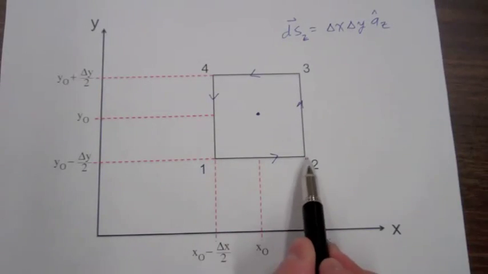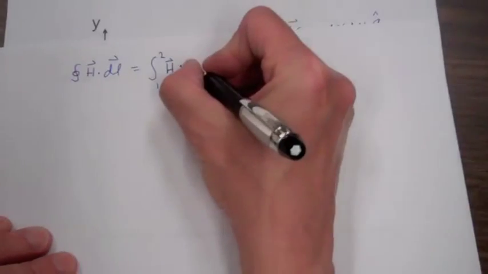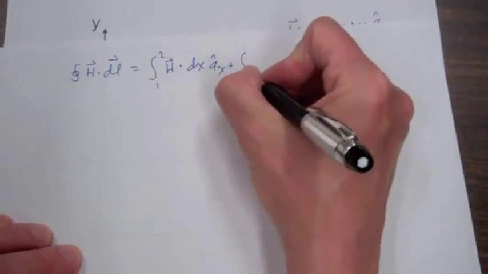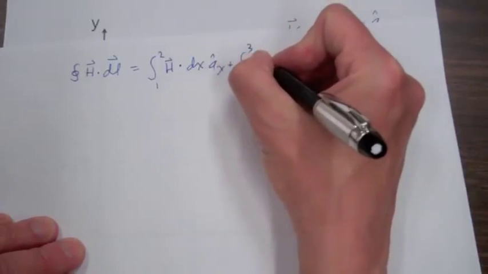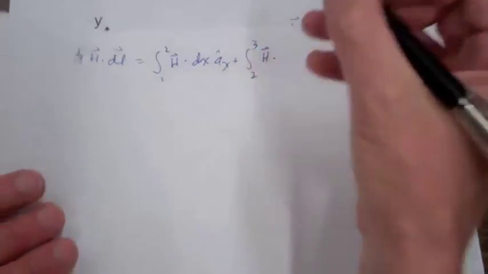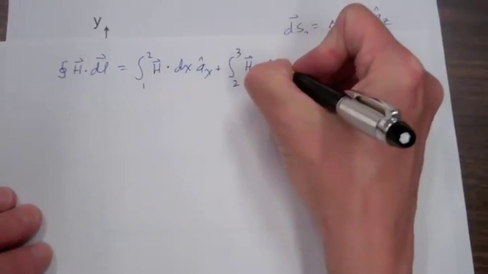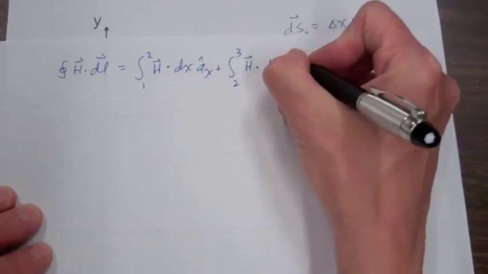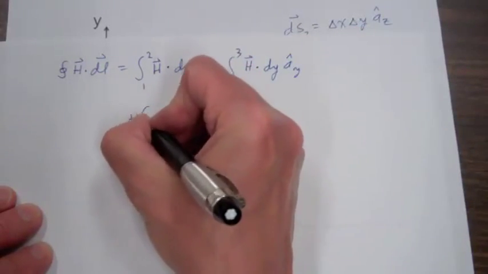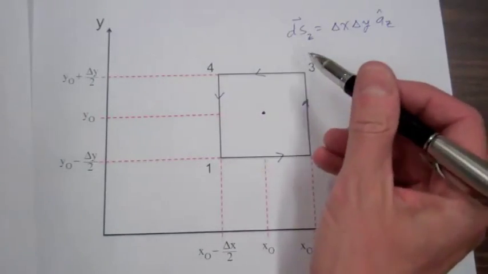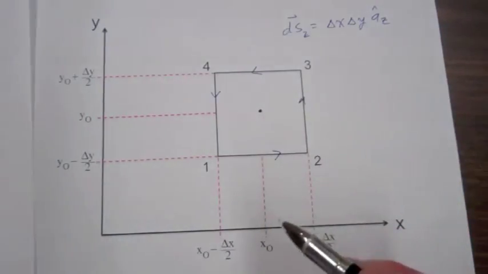And going from 1 to 2, dl is just going to be dx in the x direction, plus the integral from 2 to 3 of H dot dl, and for our defined path going from 2 to 3, dl is going to be dy in the a sub y direction, plus the integral from 3 to 4 of H dot dl, and going from 3 to 4, dl is going to be dx a sub x.